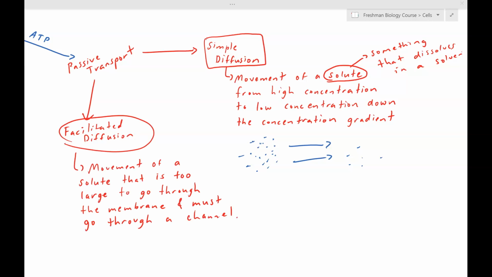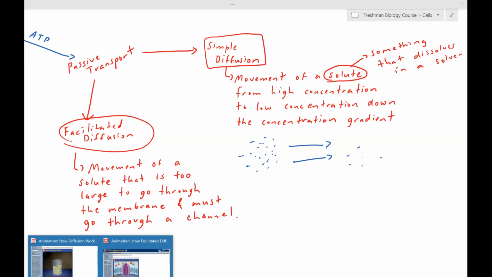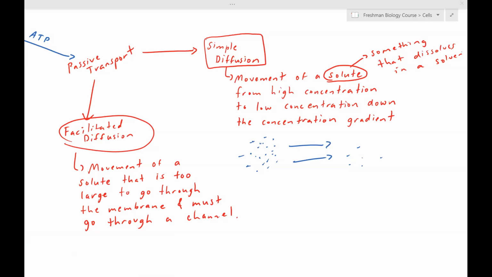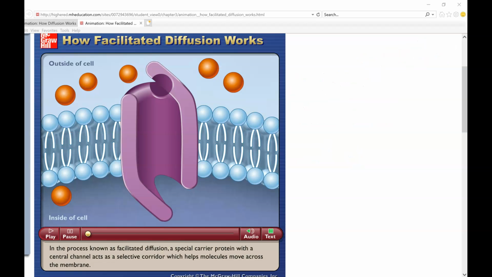So go ahead and get this down that, again, it's diffusion. So it's still movement from high concentration to low concentration. It's just going to be something that's a little too large to go through the cell membrane by itself. So it's going to require some form of a channel to help it move through the cell membrane.